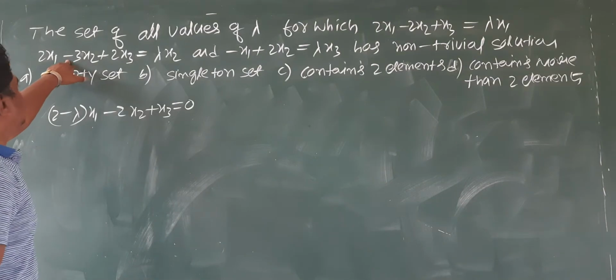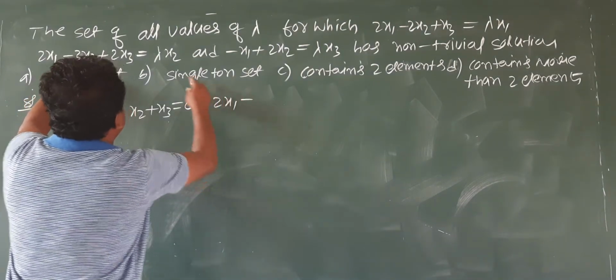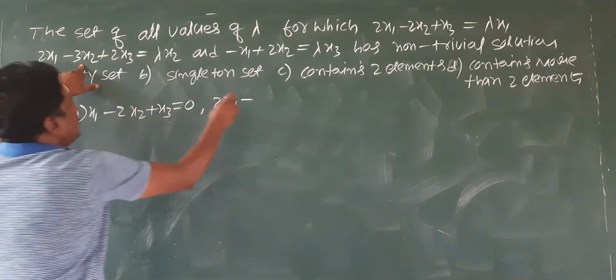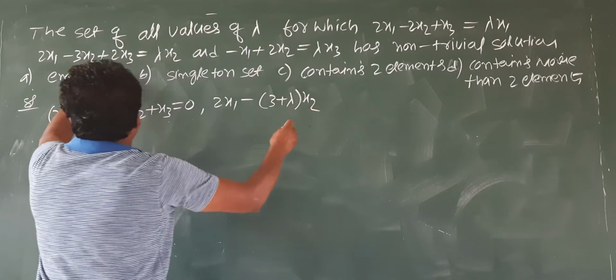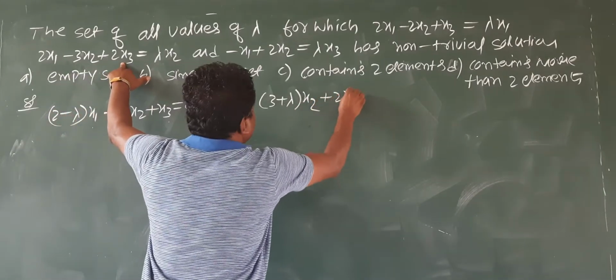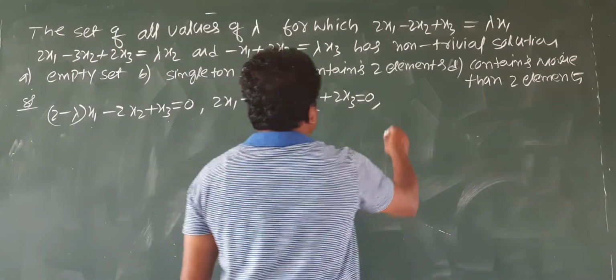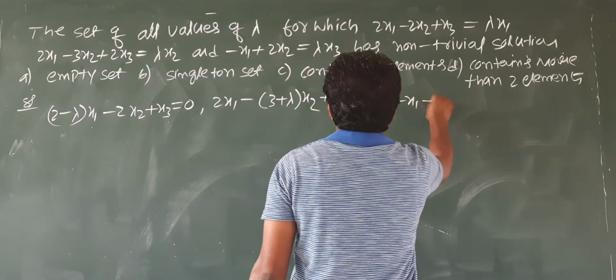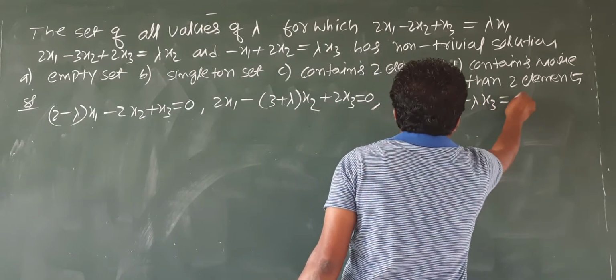Rearrange: 2x1, bring the lambda x2 this side, minus (3 plus lambda) x2 plus 2x3 equals 0. And one more equation: minus x1 plus 2x2 minus lambda x3 equals 0.